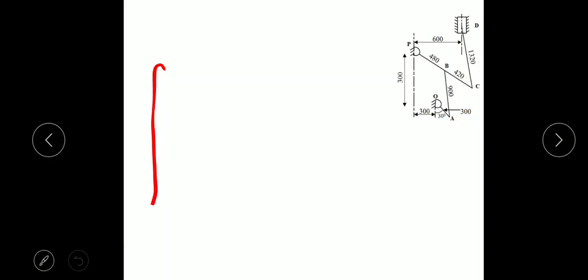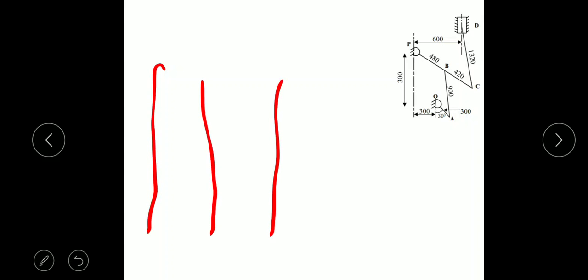First center line will be here, second here, third here. And first of all I need to mark a point O. That's the origin point, I can draw O here, and from that this distance is 300, this is also 300, which is given in the question. You can see here 300 and total 600.